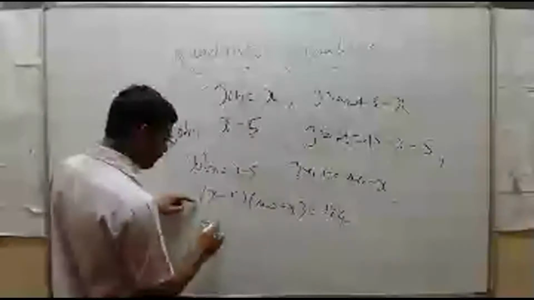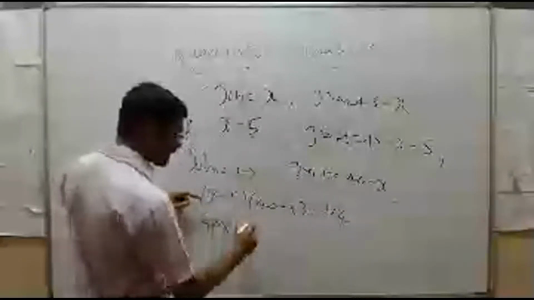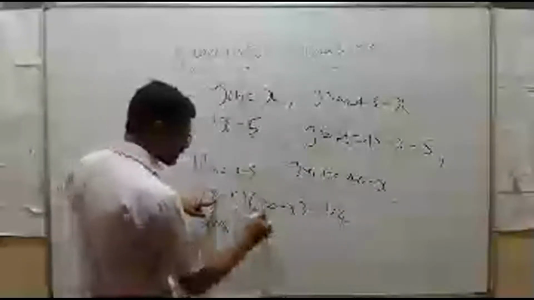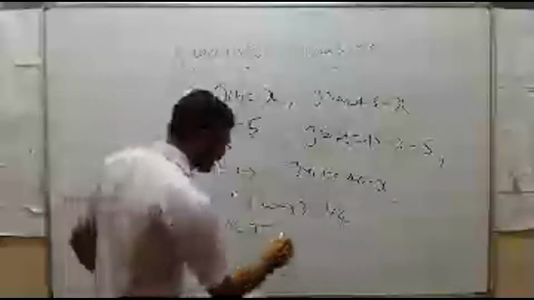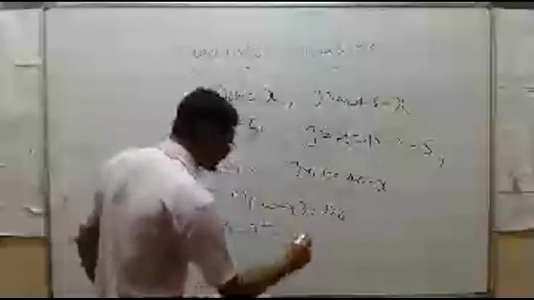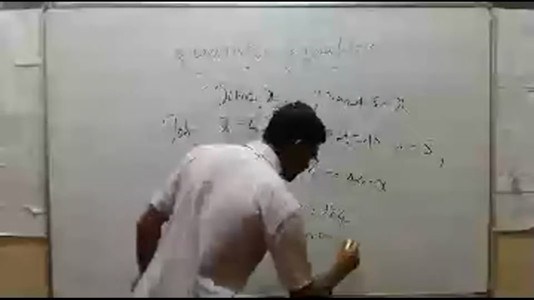40 into x is 40x, minus x into x is minus x square, minus 5 into 40 is minus 200, minus into minus plus 5x, equal to 124.